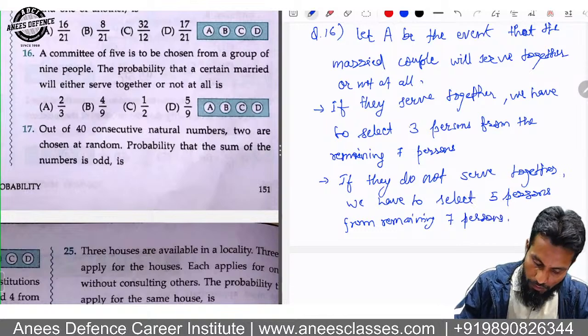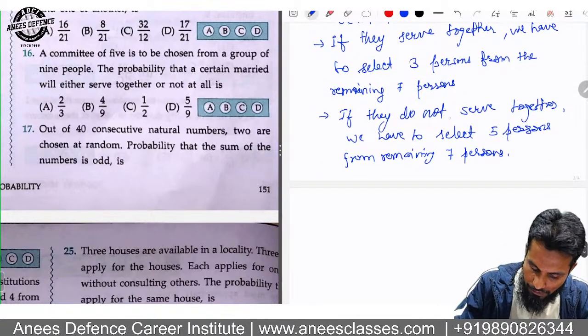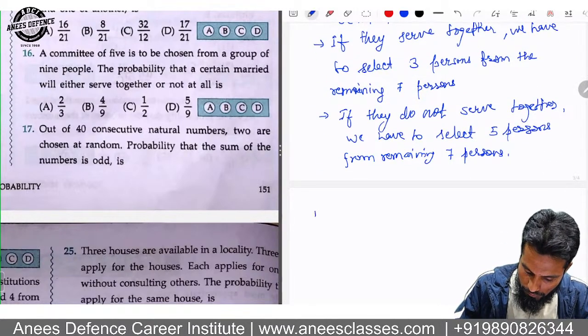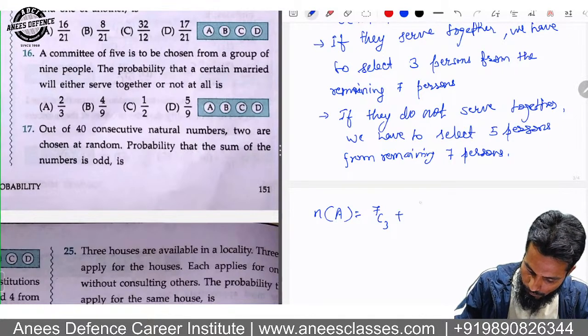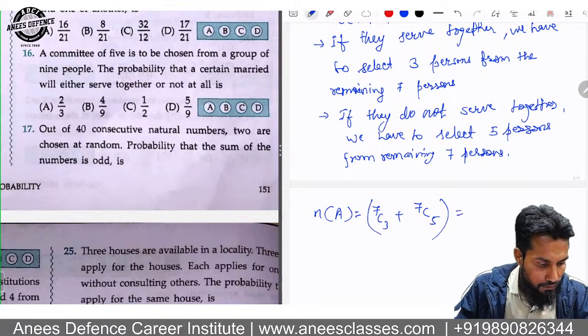Okay, now to fulfill total 5 places, how are you going to solve? So n of A can be written as: you are taking 3 persons from the couple condition, 7C3. That is done. Next case plus 7C5. This will be 2 cases. Just solve it, you will get the answer.